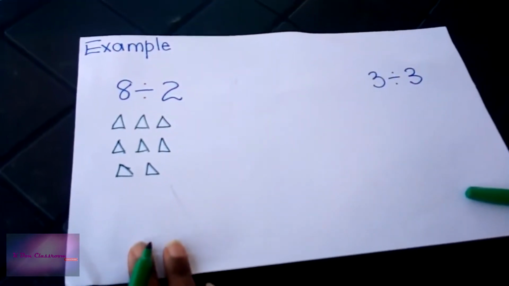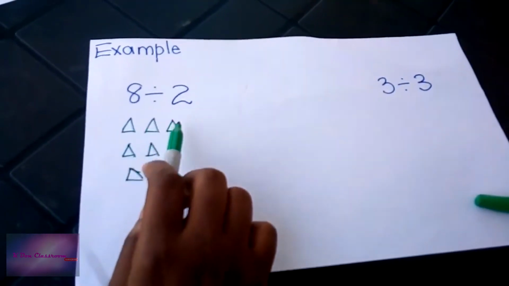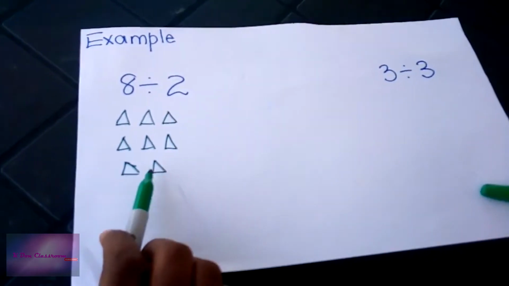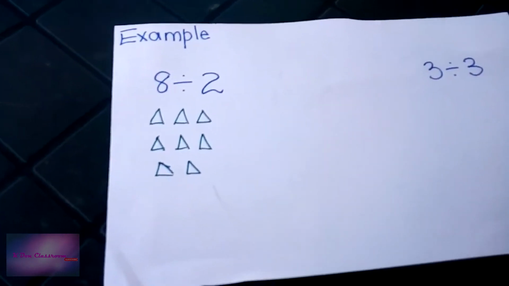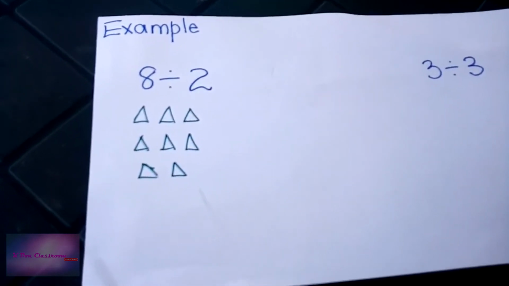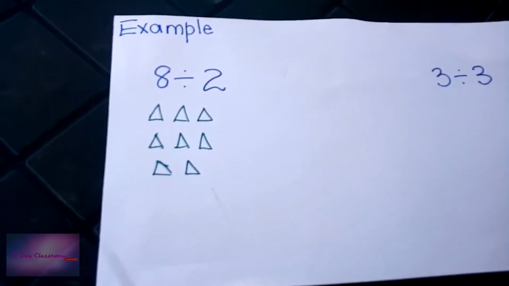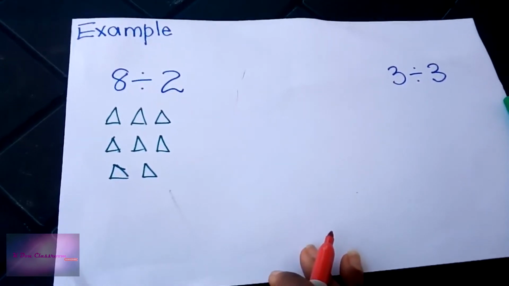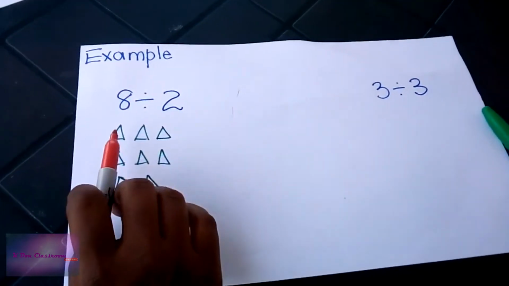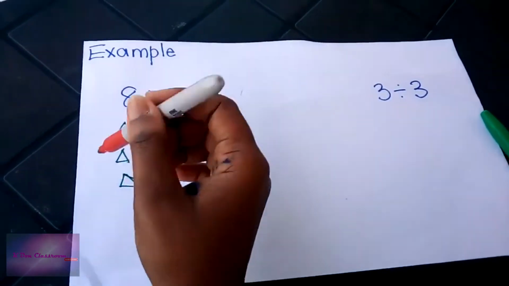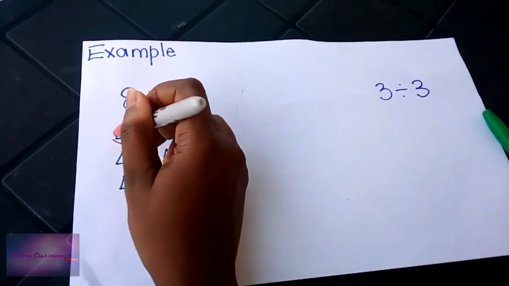Now I have 8 triangles. 1, 2, 3, 4, 5, 6, 7, 8. Now these 8 triangles, I must divide it by 2. Means that I'm going to share it into groups of 2. So I'm going to count 1, 2, and I'm going to group it.